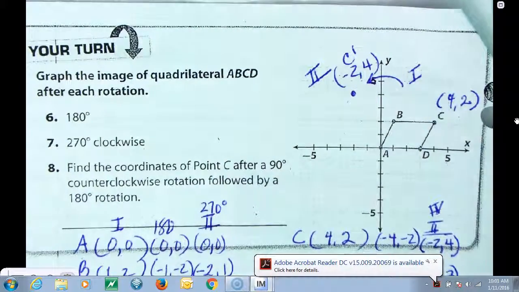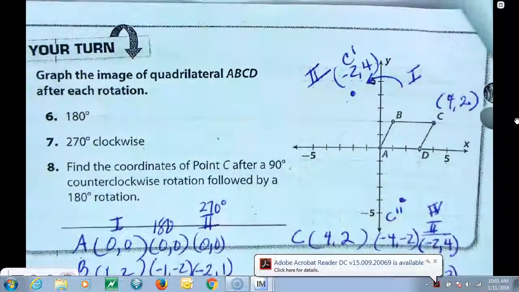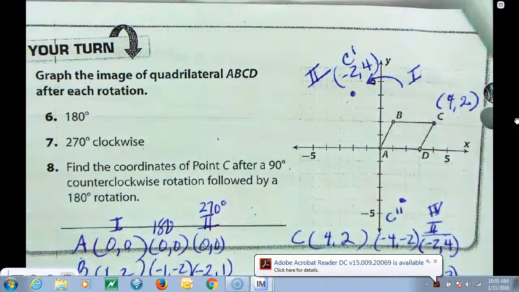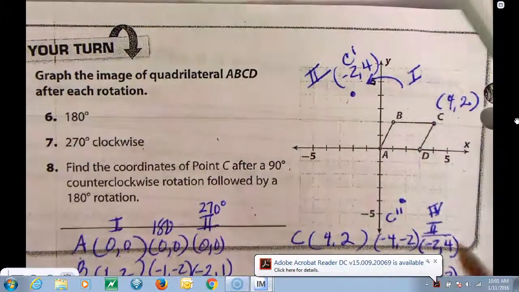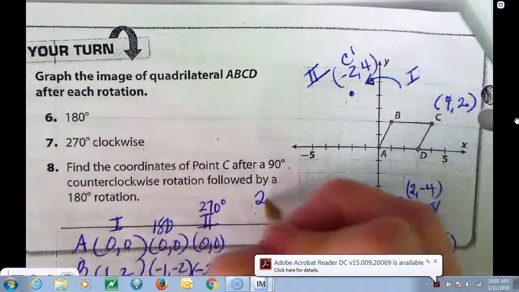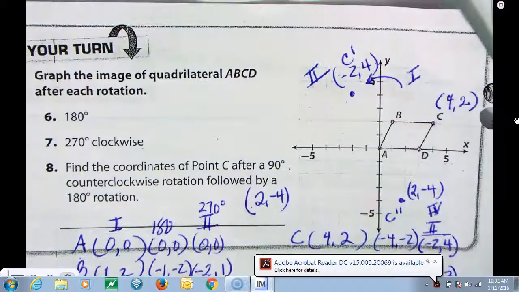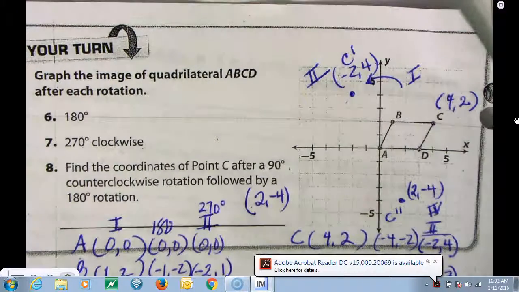Switch the signs. So it's going to be 2, negative 4. That's C double prime. So what are the coordinates? 2, negative 4. That's what goes in the blank that I've already written in. That's the answer. 2, negative 4.